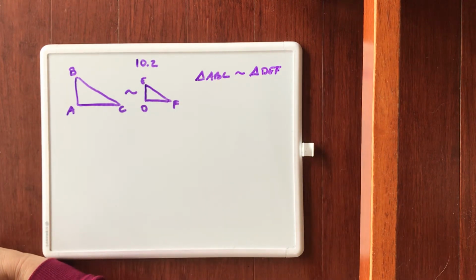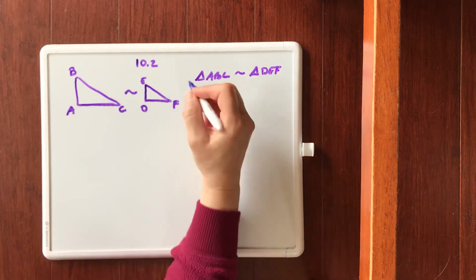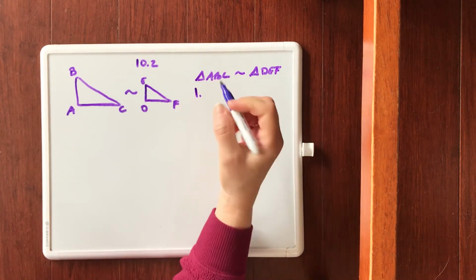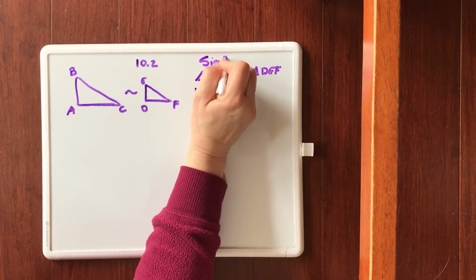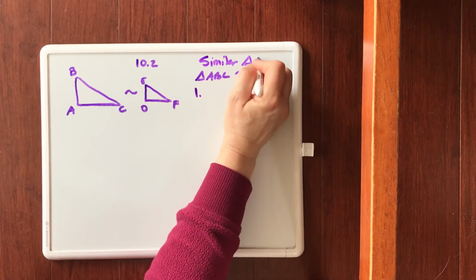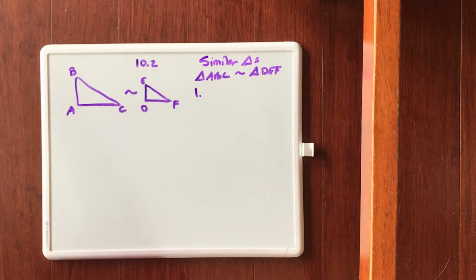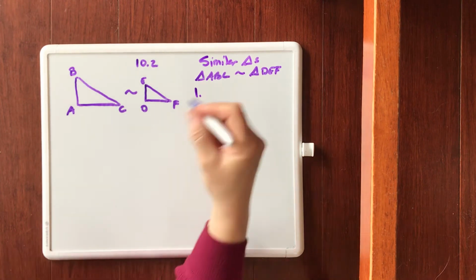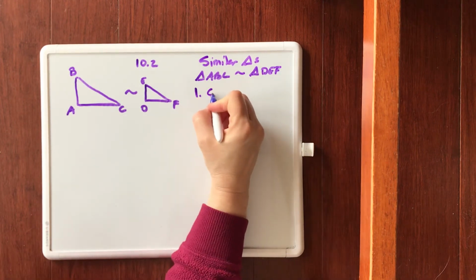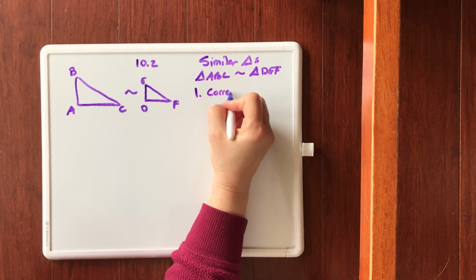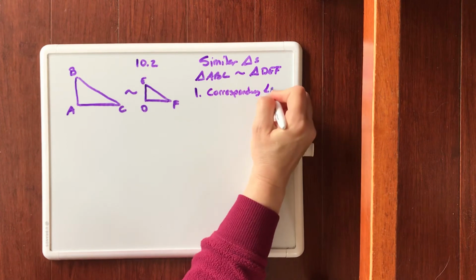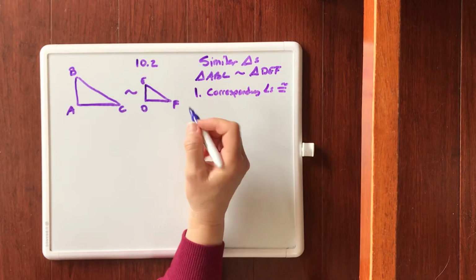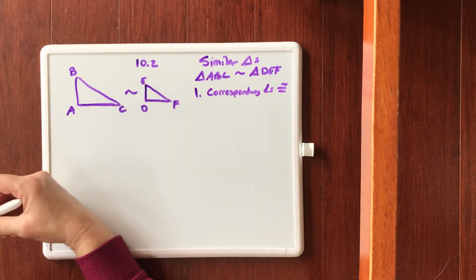Now something we know about similar triangles is, number one, corresponding angles are congruent. Okay, corresponding angles.